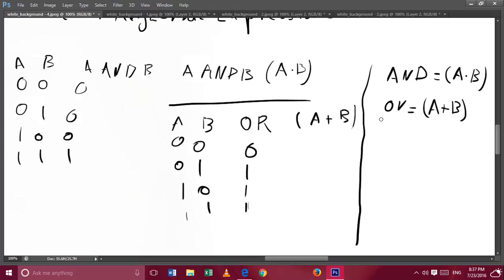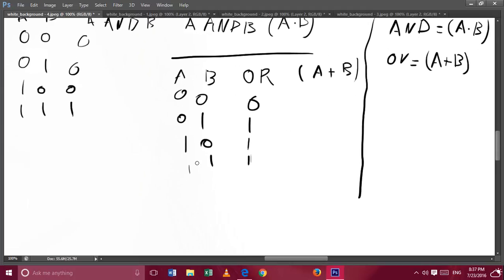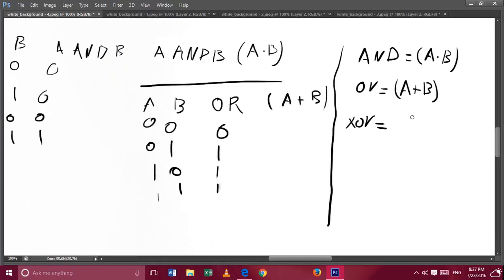But it's going to make our job very, very easy. Okay, so how's XOR? XOR is like this: A XOR B. This is the notation for XOR in Boolean algebra.